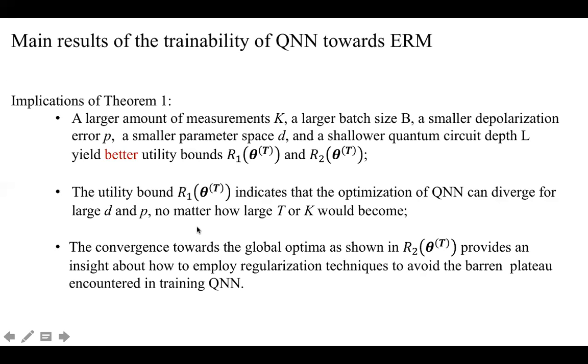Second, the utility bound R1 indicates that the optimization of a quantum neural network can diverge for large D and P, no matter how large T or K become. Last, the convergence towards a global minimum shown in R2 provides insight into how to employ regularization techniques to avoid barren plateaus encountered in training QNN.